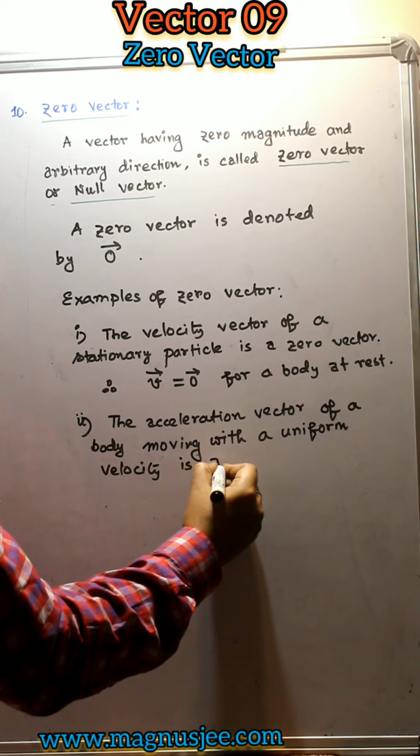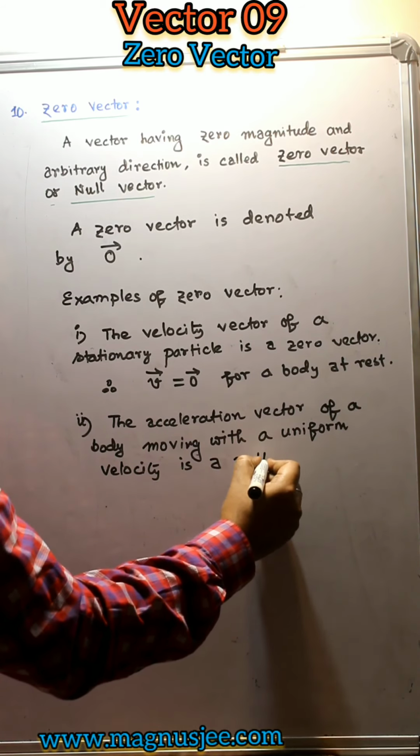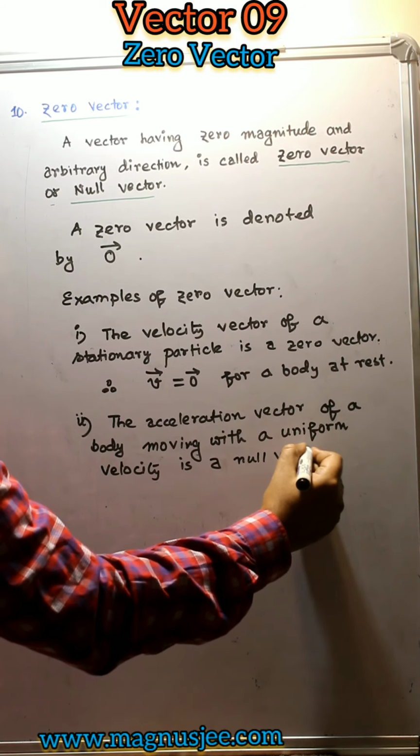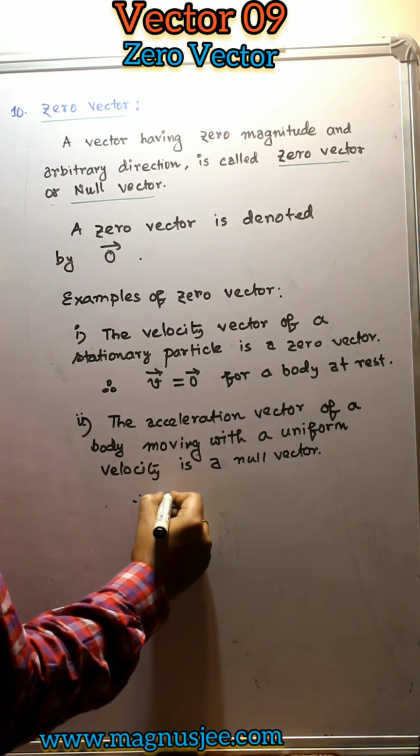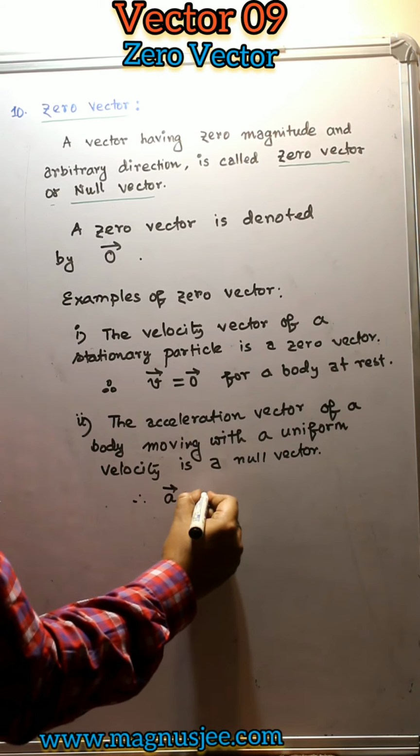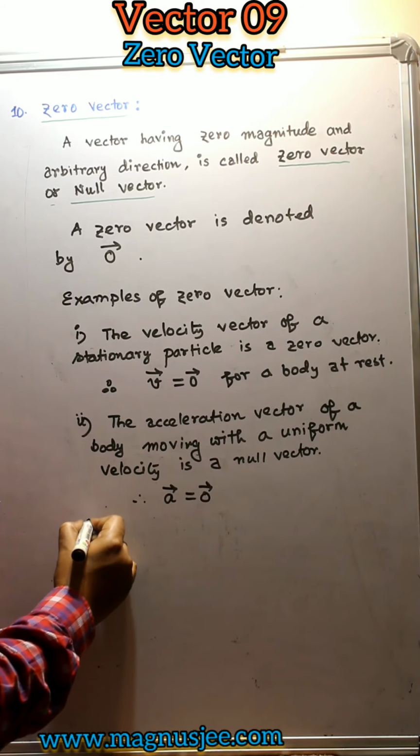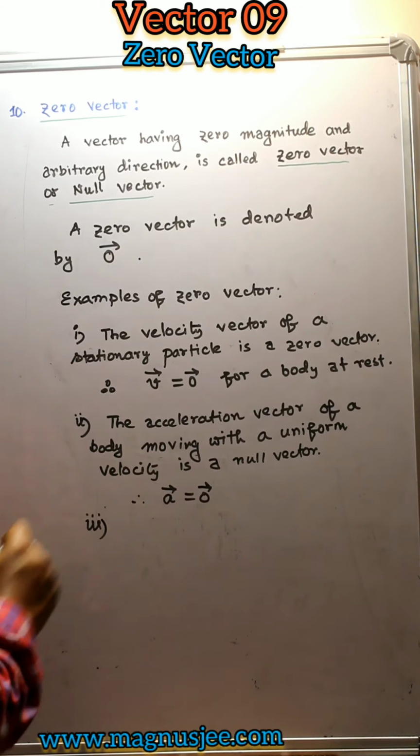Uniform velocity means velocity does not change. Therefore, vector A equals zero vector for that type of body.